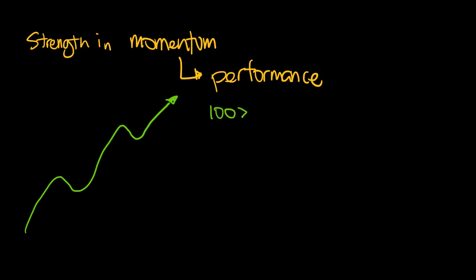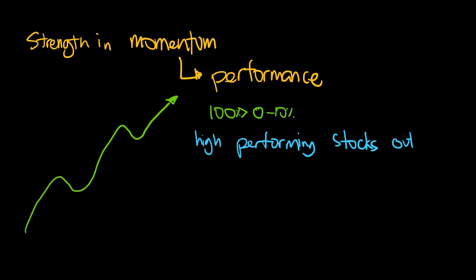For example, a stock that returned more than 100% is generally more attractive than ones that are flat, say year to date. The main assumption is that high performing stocks will continue to outperform, while low performing ones will continue to underperform.